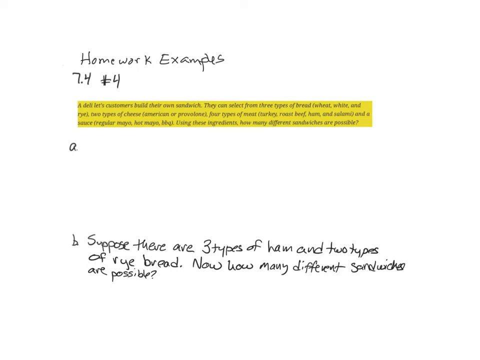This is an example of the multiplication rule of counting, where in order to figure out the total number, we simply multiply the number of choices there are for each one of these items. So as we read through this list, we can see that there's a bread choice, a cheese, a meat choice, and a sauce choice.